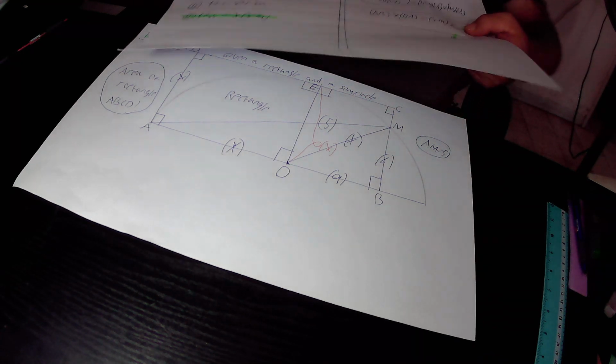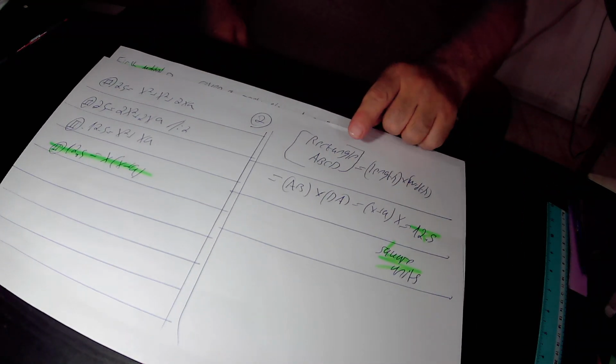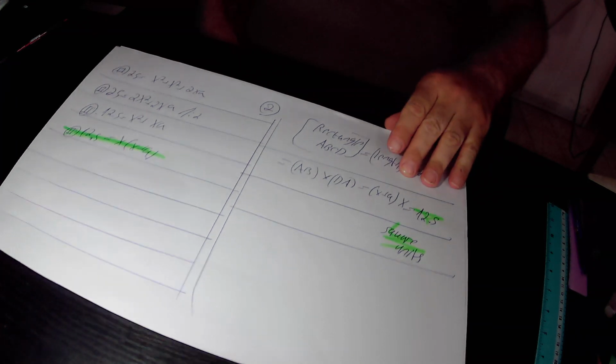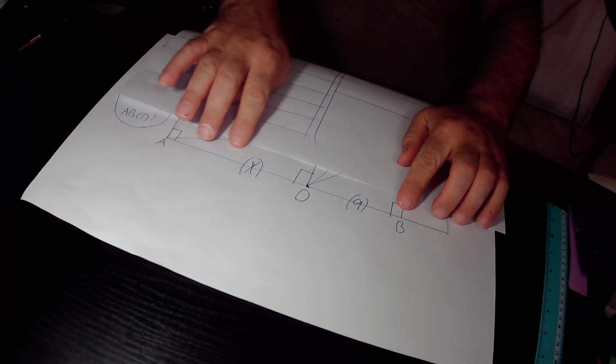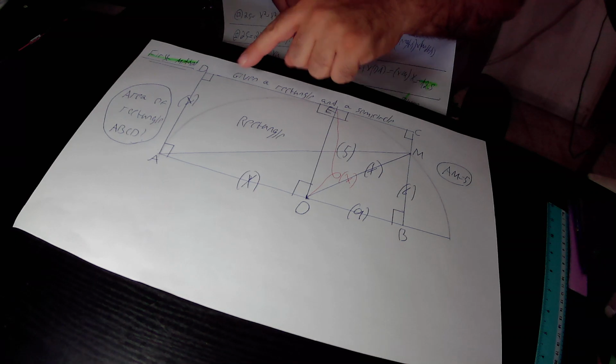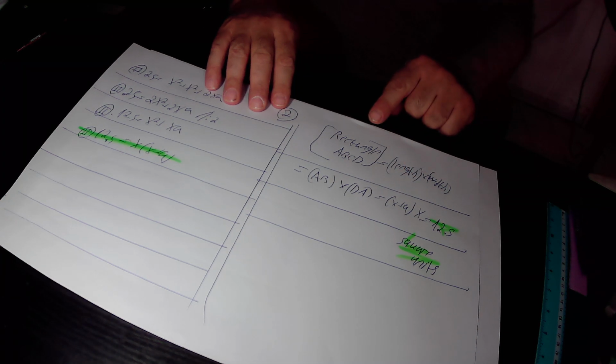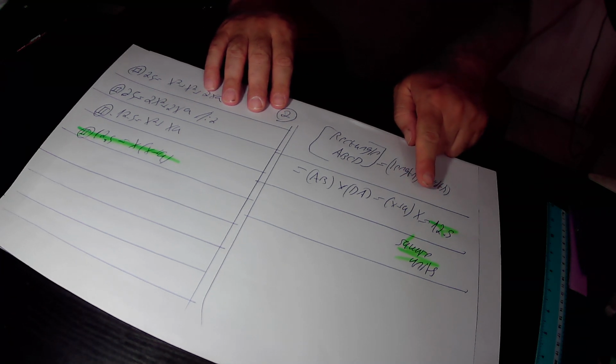So the area of rectangle ABCD must be equal to AB times DA. AB is x plus A, and DA is x. Repeat again: AB is x plus A, and DA is x. So the area of rectangle ABCD must be equal to (x plus A) times x.